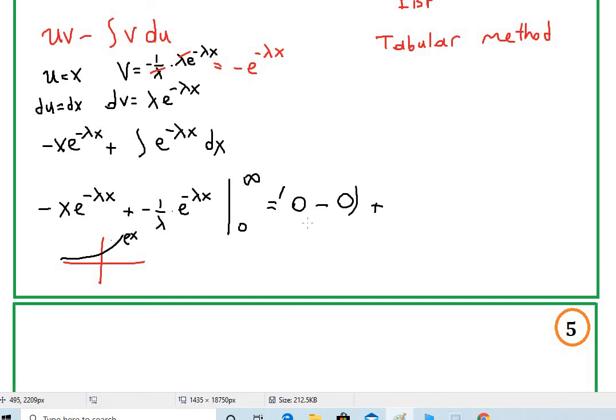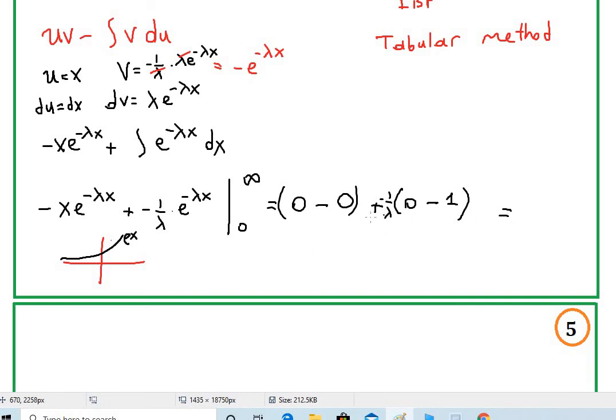Plus, from the second we have negative 1 over lambda times, if we plug in infinity here, negative lambda times infinity, which is e to the negative infinity, which is going to be 0. We have minus, by the fundamental theorem of calculus, and if we plug in 0 here, we obtain e to the 0 is 1, and we have negative 1 over lambda outside.